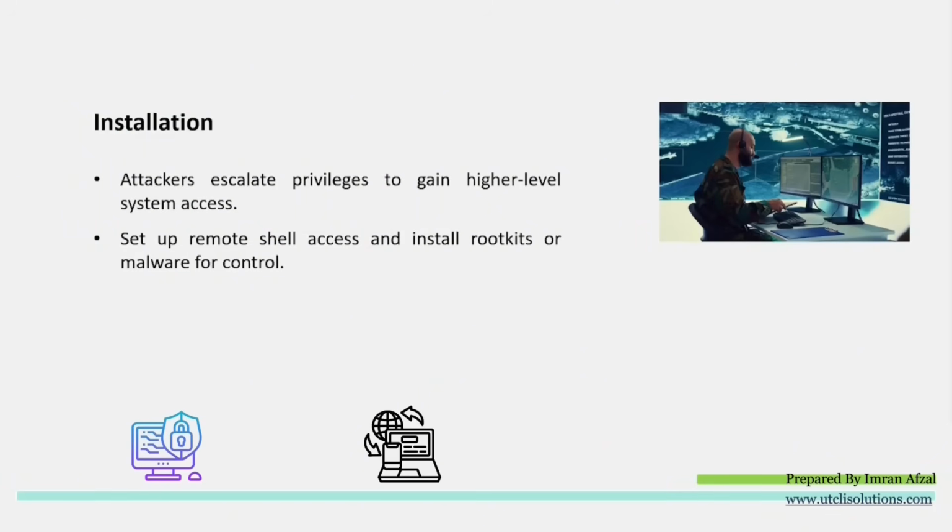They might also install rootkits or other malware to maintain this control. With remote access, the attacker can execute commands in privileged mode using a command line interface. This level of access lets them perform powerful actions on the system.